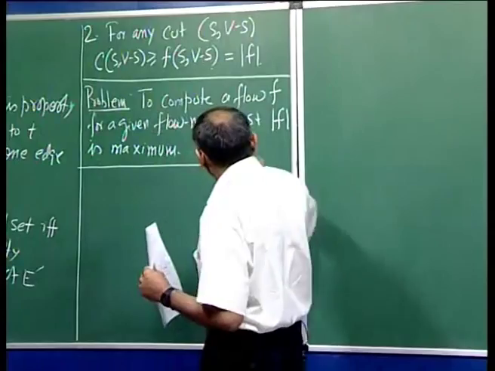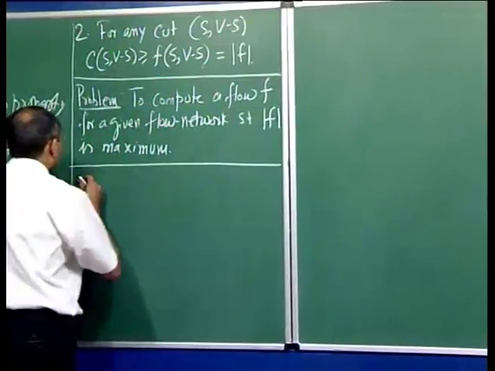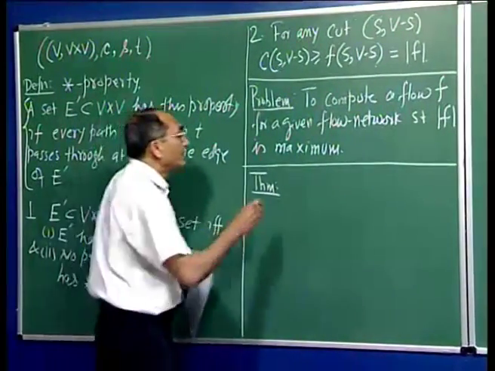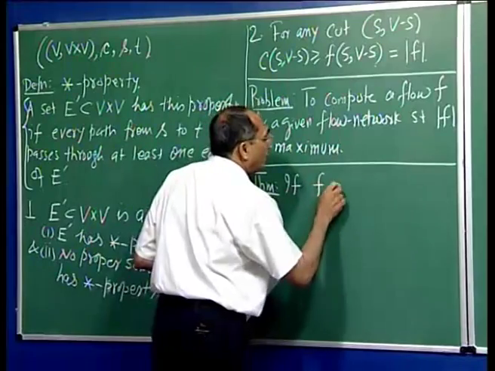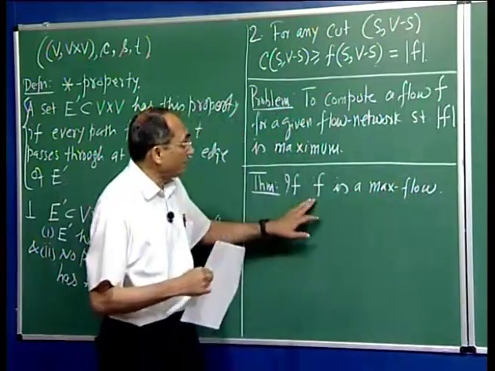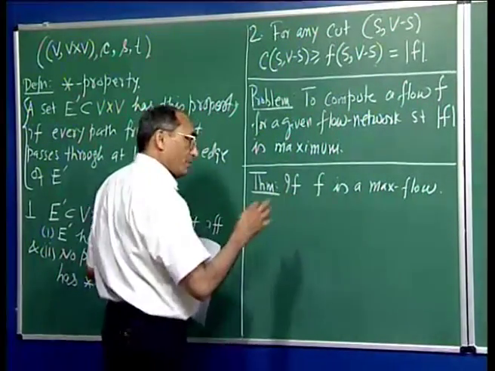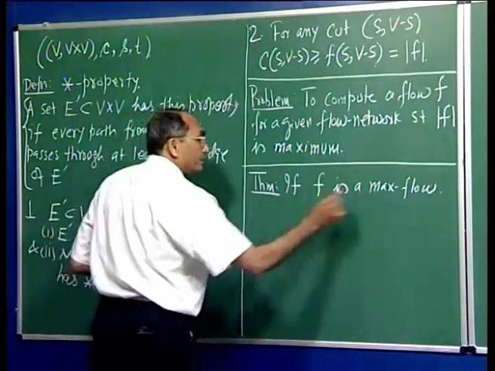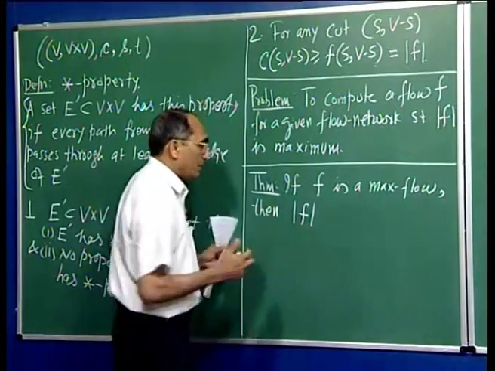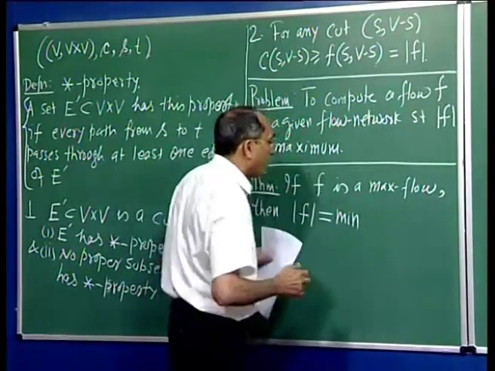So, we will state a very well known result in this domain which says the following: if F is a max flow, which means that mod of f is the maximum possible flow, then the value of the flow is equal to the smallest cut capacity.